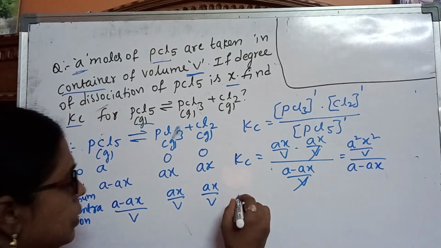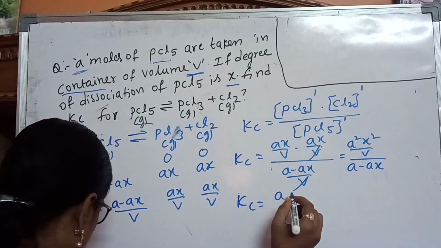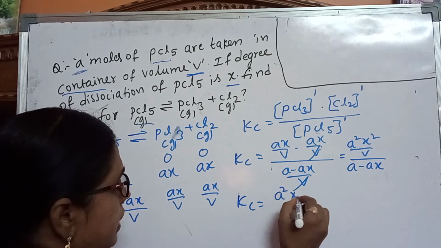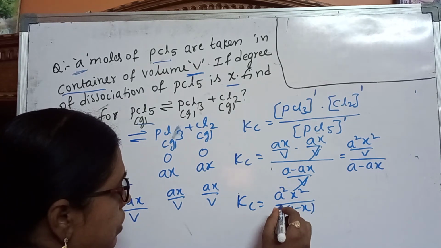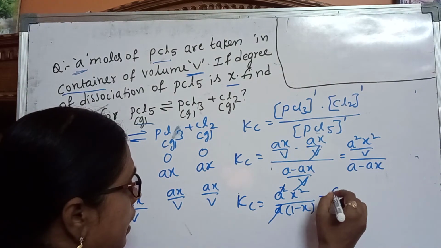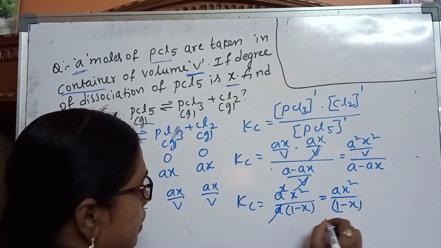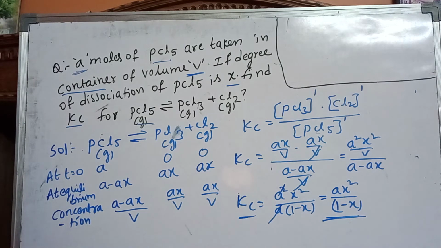Now A is common, so we get A square X square by A into 1 minus X. One A cancels. So what is the answer here? Kc is AX square by 1 minus X. So this is the Kc for this reaction, and this is the answer.